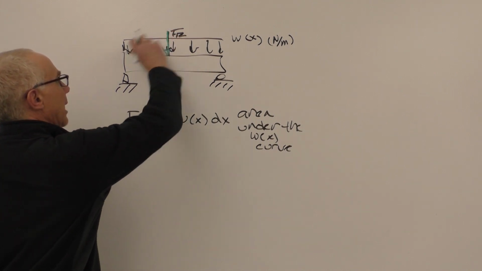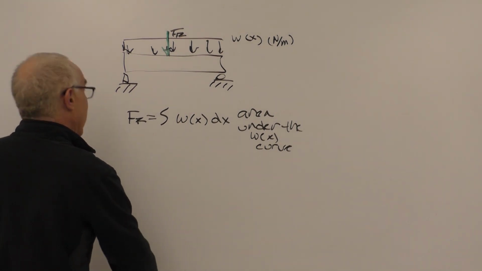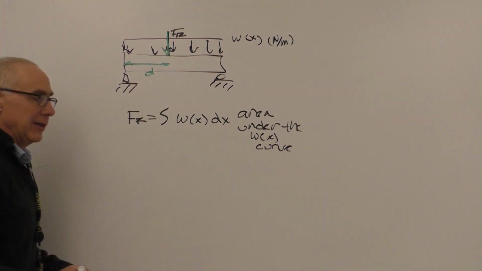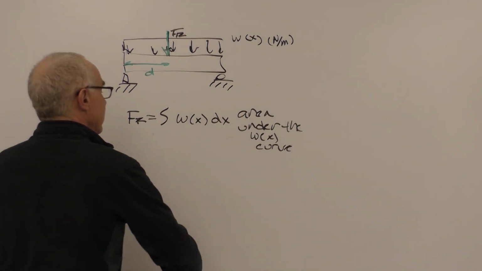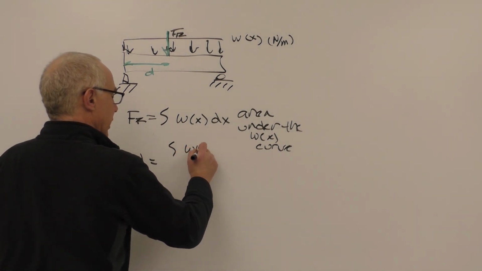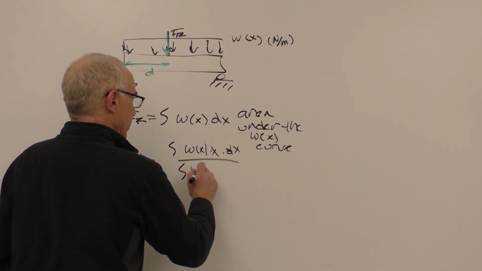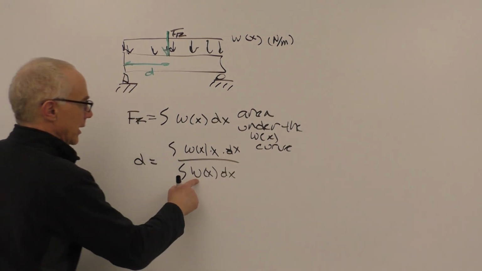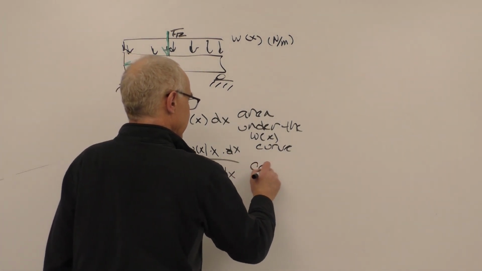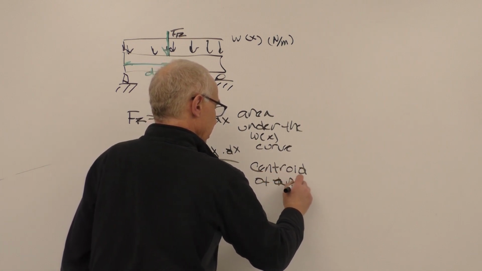Remember, we have a complex distributed loading. We're going to reduce it to a simplified force, and it's going to be applied at some distance d from the edge, and that distance d is equal to the integral of W of X times dx divided by the integral of W of X dx, and that in fact is the same as the centroid of the area under the curve.